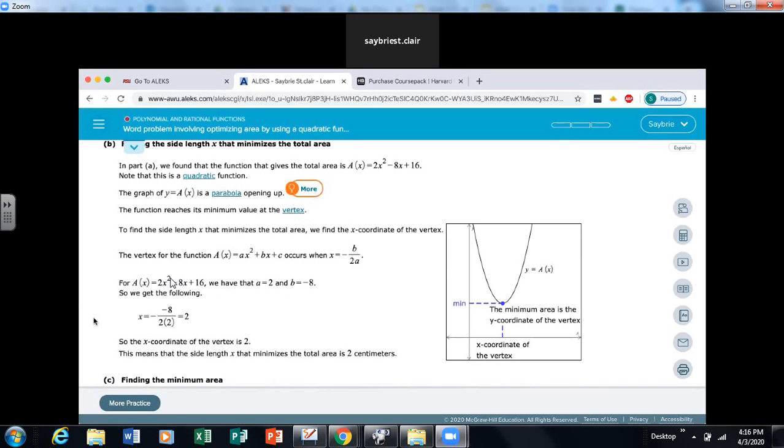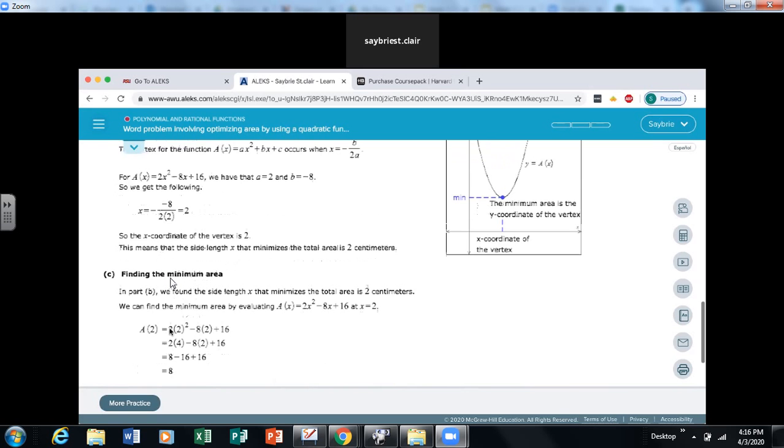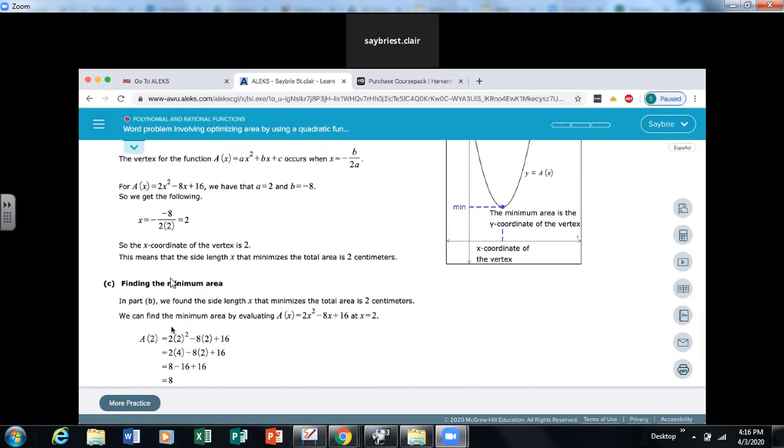Alright, so we got these, knock this section out. Yeah, but we got that for B. Remember C, we got like 128, so we weren't even close. But we'll get these next ones.